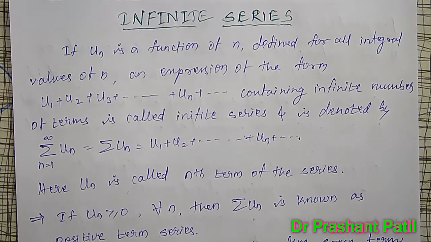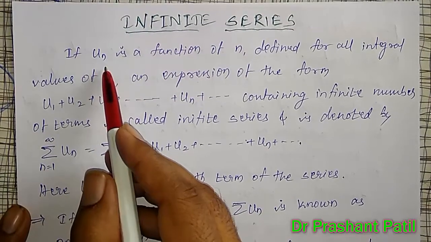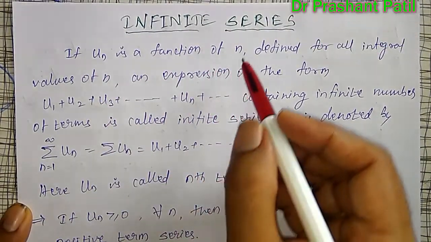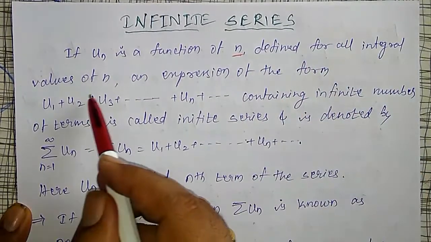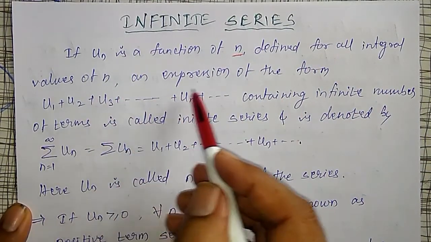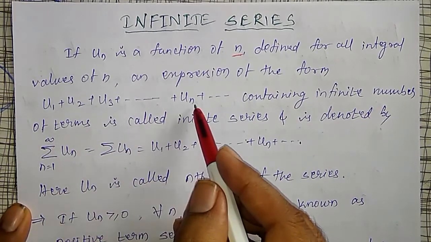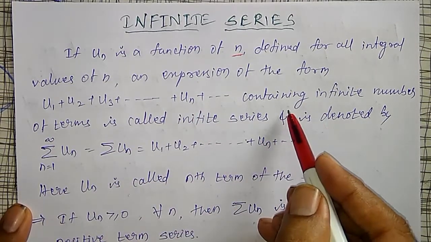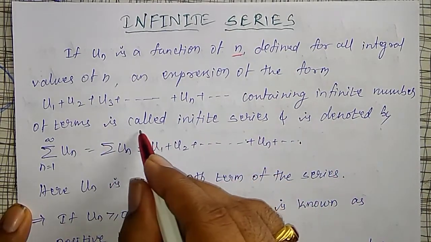First, what is an infinite series? If un is a function of n defined for all integral values of n, an expression of the form u1 plus u2 plus u3 and so on up to un, containing an infinite number of terms, is called an infinite series.